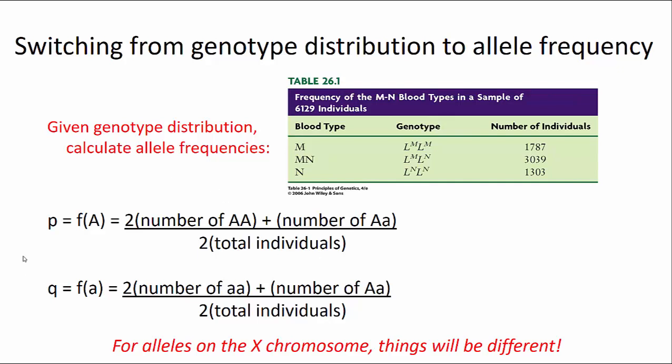You would go ahead and do the same for the second allele, the L^N allele, and usually it's a good idea to check your work and make sure that p plus q equals 1. Just one point: for alleles on the X chromosome, things are going to be slightly different. You'll have to take into account the sex of the individual, since males have only one X chromosome and females have two X chromosomes.